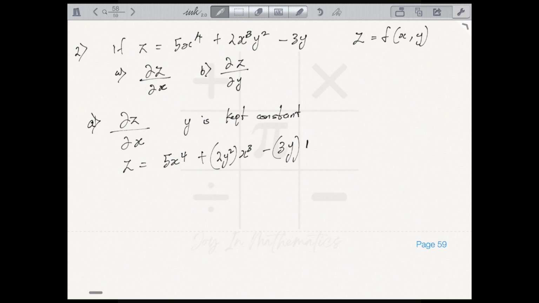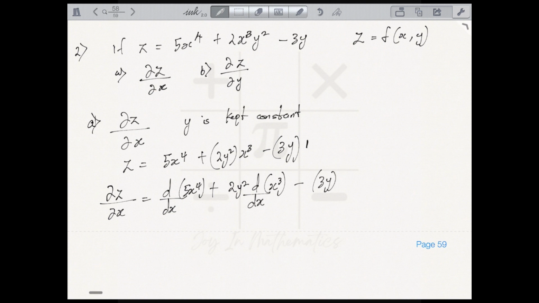Therefore, partially differentiating z with respect to x, we have d/dx of 5x raised to power 4 plus the constant of 2y squared multiplied by d/dx of x raised to power 3 minus the constant of 3y multiplied by the differentiation of 1 with respect to x.